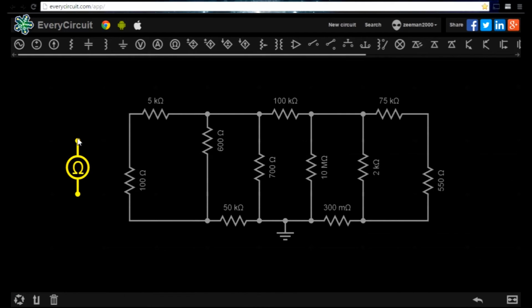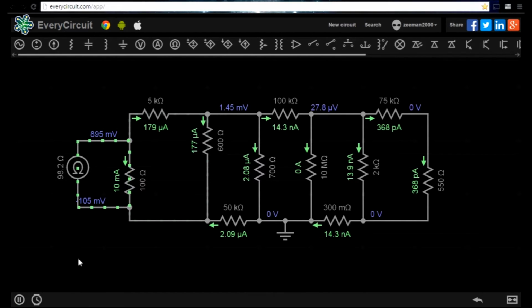Instead of placing a power supply on the circuit, we place the ohmmeter. The ohmmeter adds a small voltage to the circuit to make the reading. Starting the simulation shows us the total resistance of 98.2 ohms on this circuit.